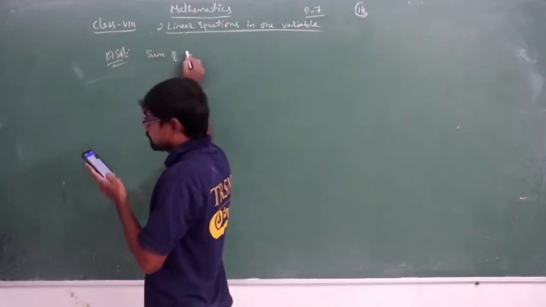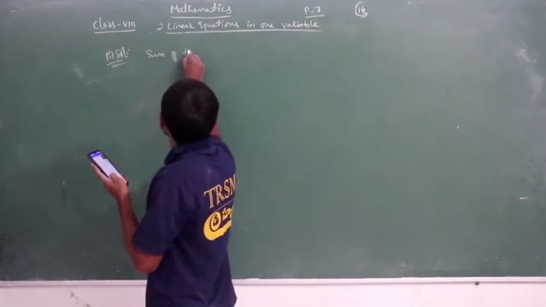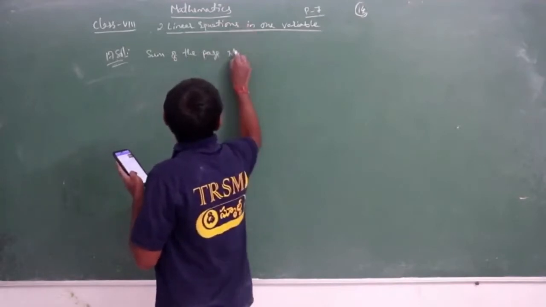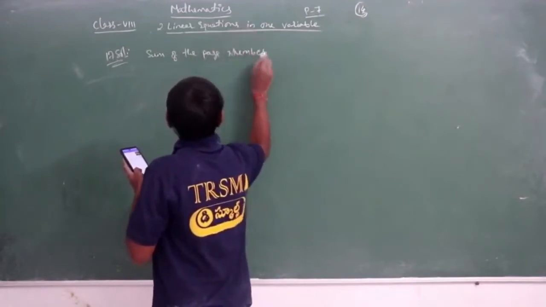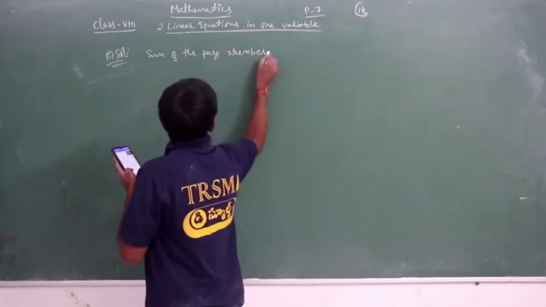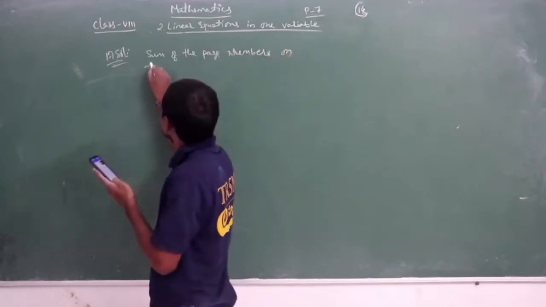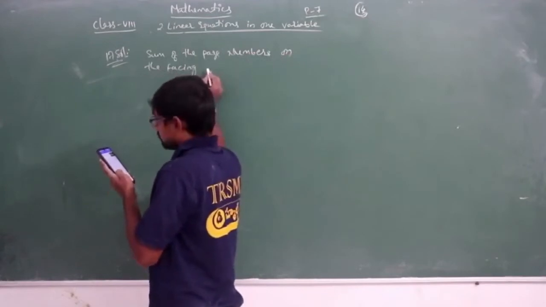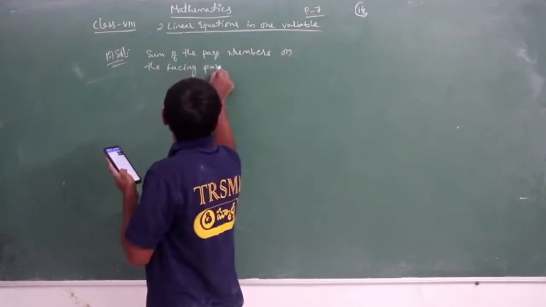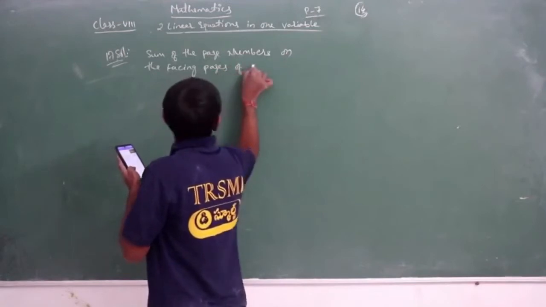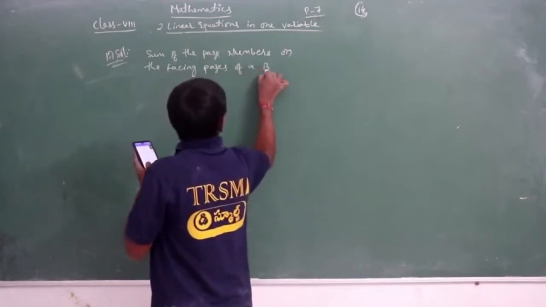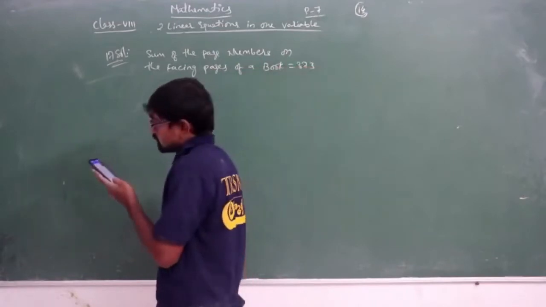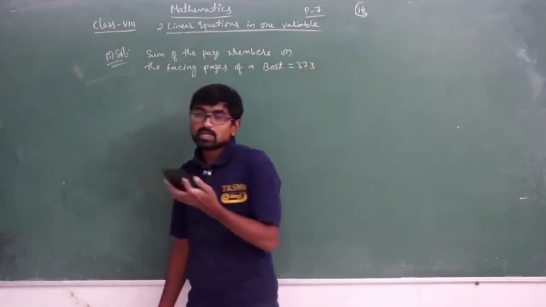Sum of the page numbers on the facing pages of a book is equal to 373. What are the page numbers?